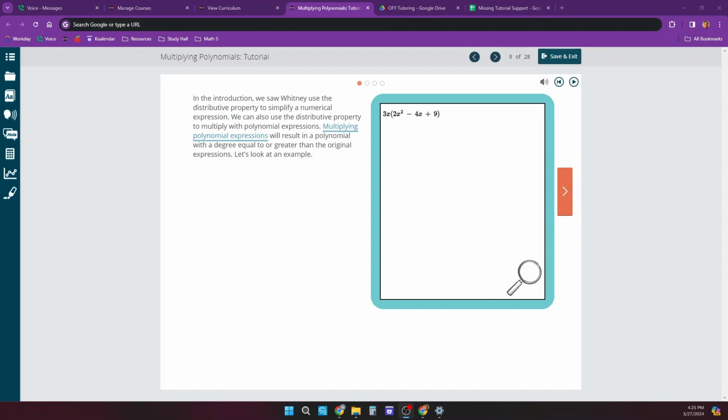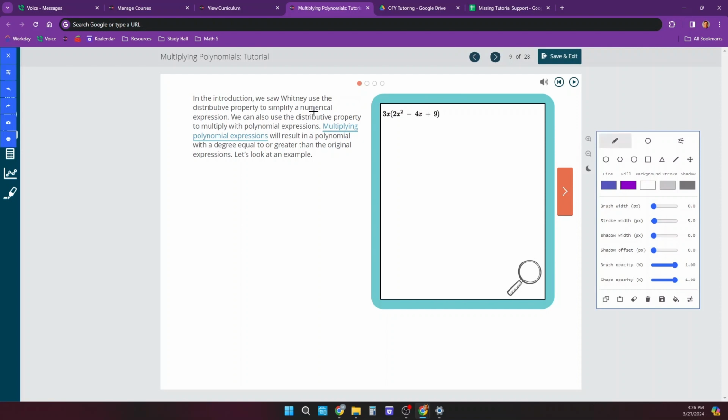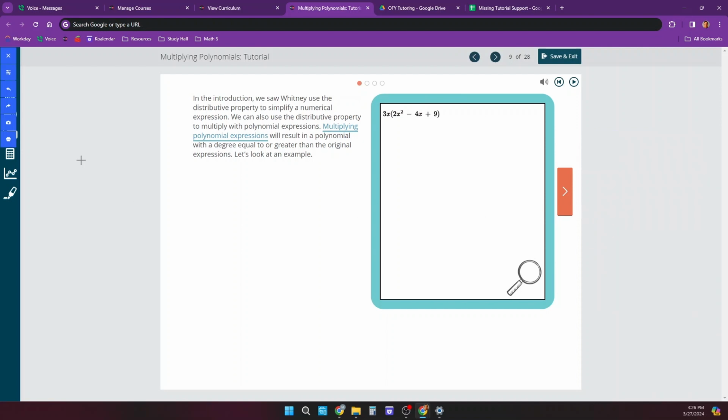So the next page I want to skip to is actually going to be page 9. I very much encourage you to read through and go over the other pages, but here is where I want to start off explaining what the distributive property is, and that's what we're going to be going over on this page. Or that's what we went over on the last page, and here we're going to get more into the meat of it.